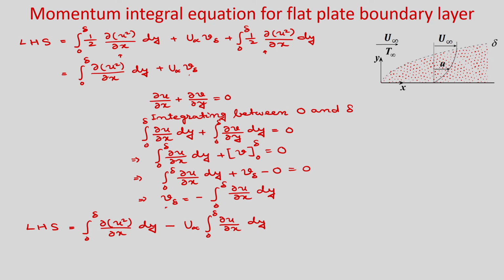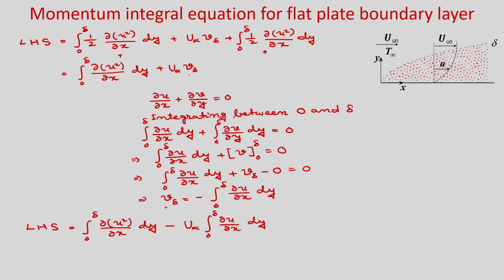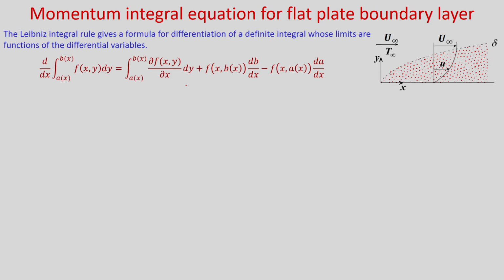So, in the first term you have del by del x of u square dy. Now we will use the Leibniz theorem, so that we can take this derivative outside the integral. The Leibniz integral rule gives a formula for differentiation of a definite integral whose limits are functions of the differential variable.